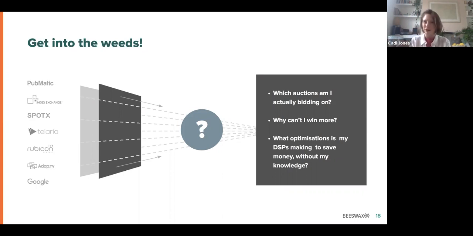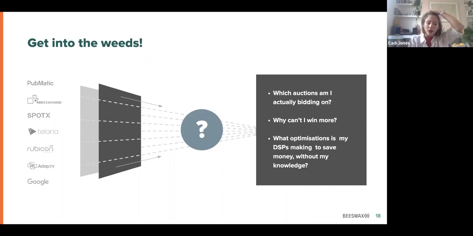Just as if you were an economical shopper who really wanted to buy a particular brand of produce. Paul commented on the fruit that's behind me. If you really wanted a particular brand of bananas, you might compare the cost of buying that same produce from the same manufacturer through Tesco's or through Sainsbury's or through Waitrose. Effectively, supply path optimization is allowing you to do exactly that. What is the best route? Who are the best partners for you to transact with if this is the inventory that is most valuable to you?